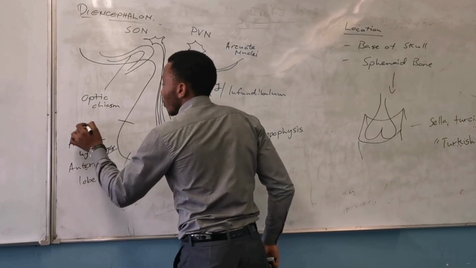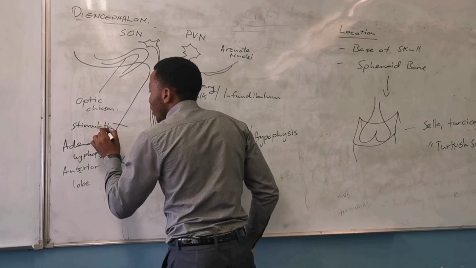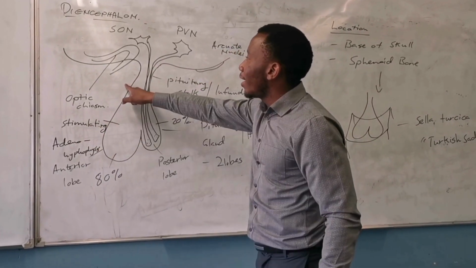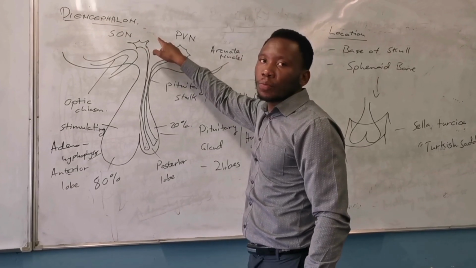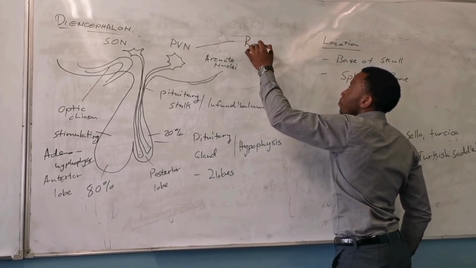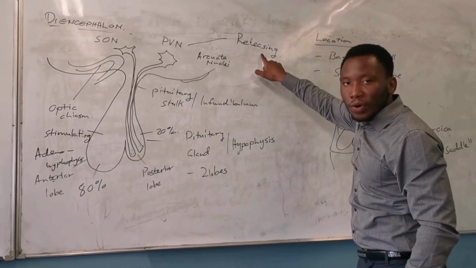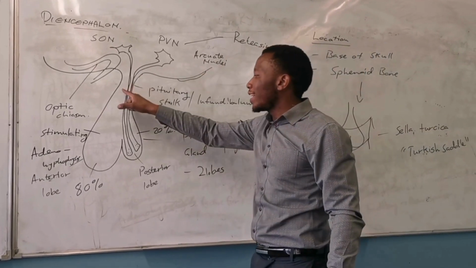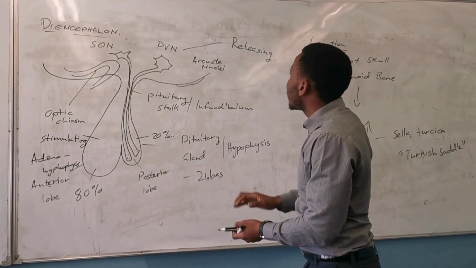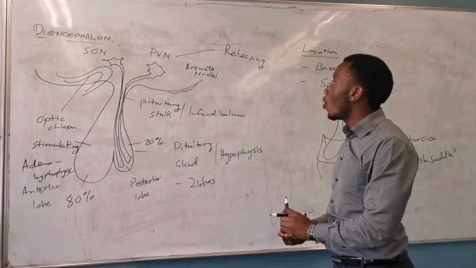Secretion of these stimulating hormones is mediated by hormones produced by the hypothalamus that we call releasing hormones, right? So the hypothalamus secretes releasing hormones which will then activate the secretion of the stimulating hormones. We'll mention these in the next segment, and they're referred to as your hypophysiotropic hormones.